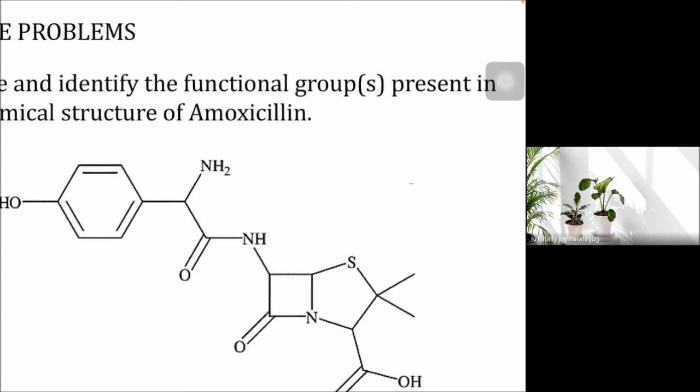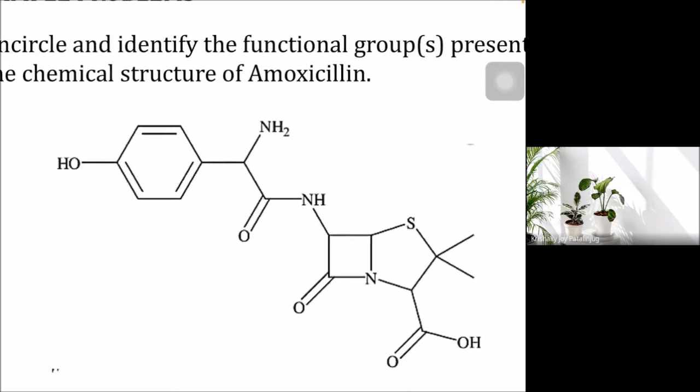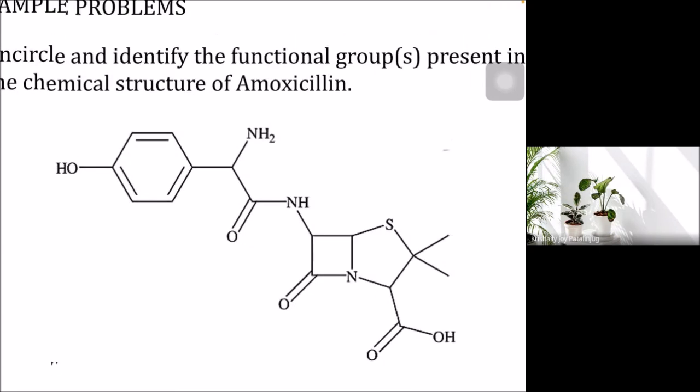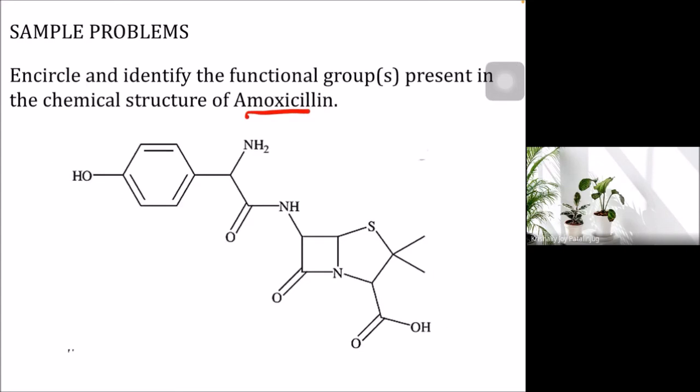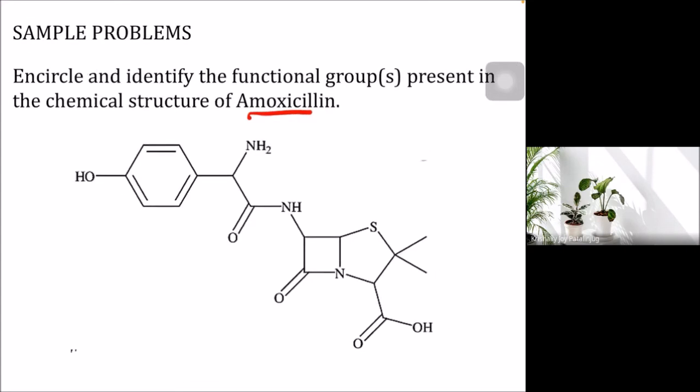In this sample problem, this is the chemical structure of amoxicillin, and you know this medicine. You're all familiar with amoxicillin. To relate it to our discussion, using the structure of amoxicillin, you try to identify the functional groups present here.